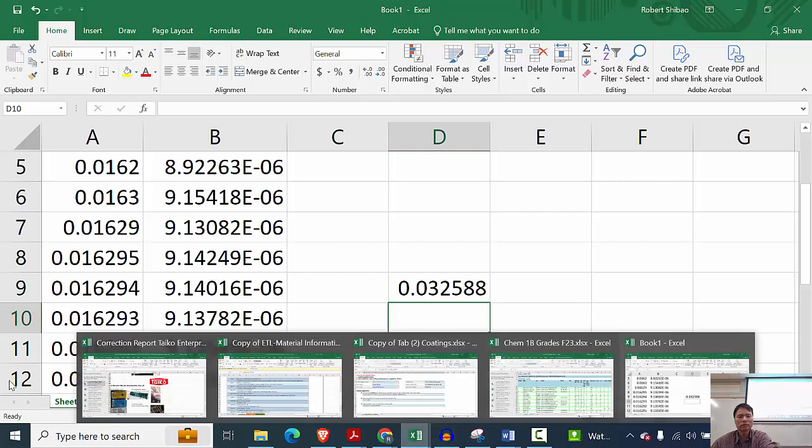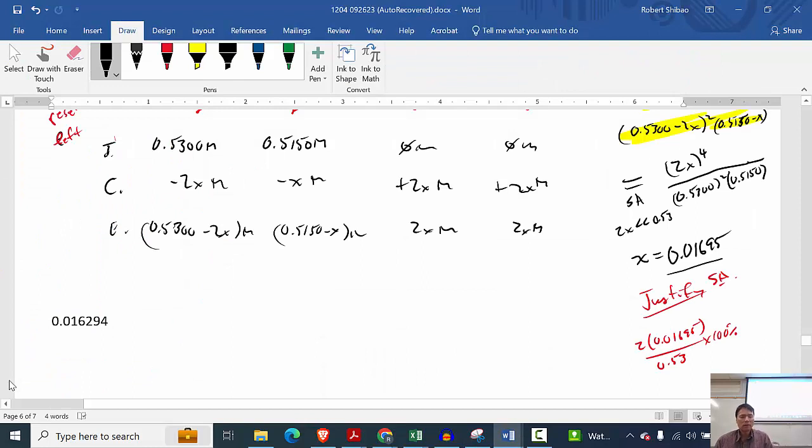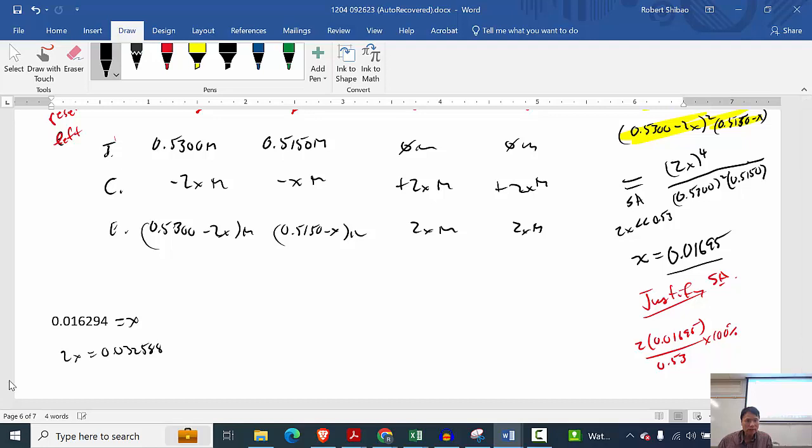0.032588. So this is equal to x, and then 2x is equal to 0.032588. So we'll plug that in here. It's going to be 0.53 minus 0.032588, and I get a concentration of 0.497412. Now the benefit of carrying extra digits is we avoid round-off error in our double check, and so this is why I'm going to carry a lot of extra digits.